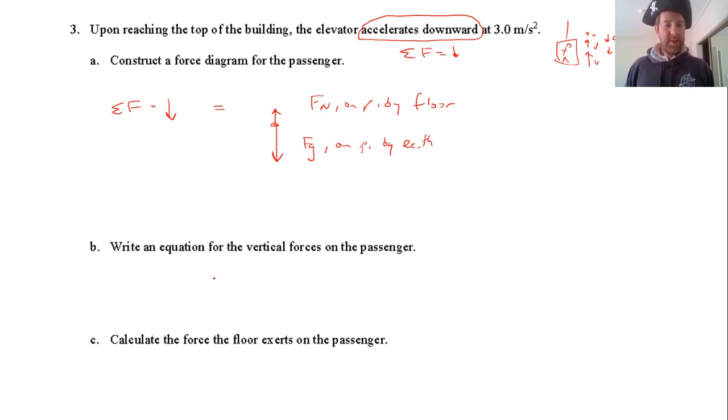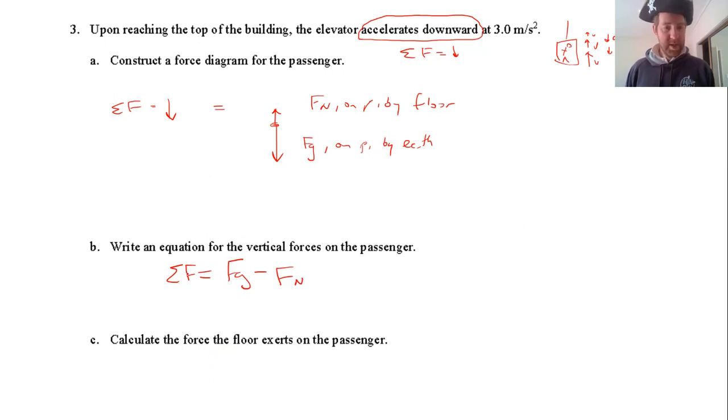Right, so write an equation for the vertical forces on the passenger. I'm just going to be writing out these arrows, but as a formal equation. So my total force is given by, this time this one's bigger, and so if I subtract this one up the top, then I get my downwards one. There we go. So calculate the force the floor exerts on the passenger.